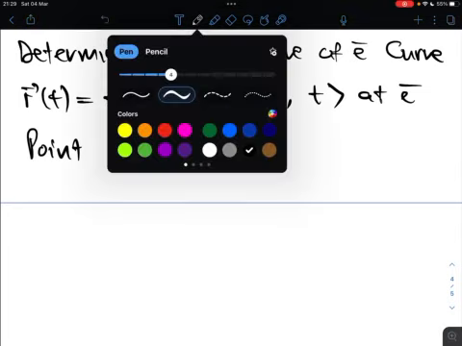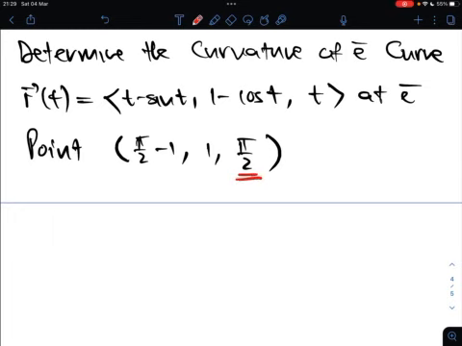By inspection, if you compare this and that, you can see that to get this coordinate here, you can establish t to be pi over 2 and you get it done. So this point corresponds to a parameter value of pi over 2. To obtain it, you just have to plug in t equal to pi over 2, then you can get it done.